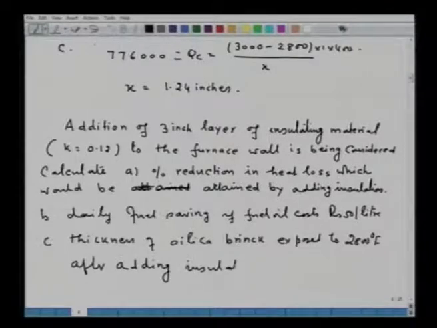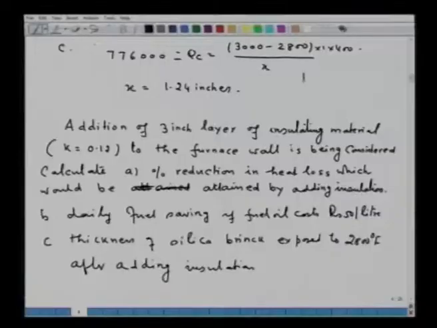That is what we have done. We have simply now modified this furnace by adding an extra insulating thickness whose thermal conductivity is 0.12. Mind you, in the earlier case, the thermal conductivity K of the silica brick was 1 BTU per hour foot degree Fahrenheit. This is K of silica brick in the earlier problem.